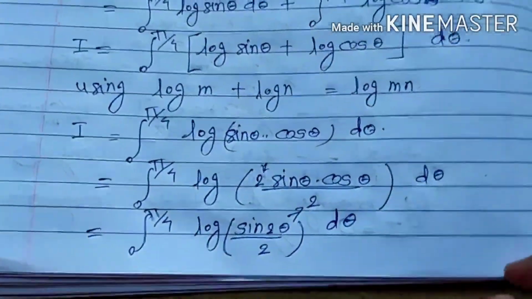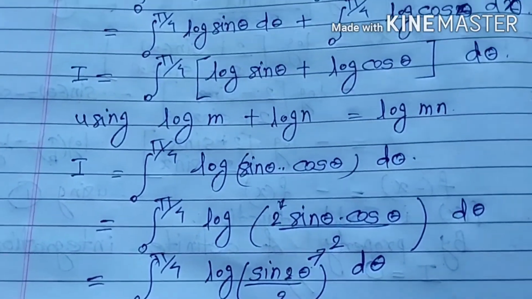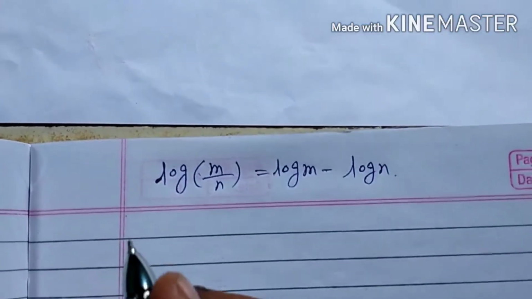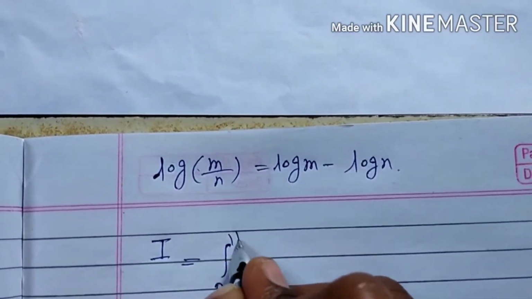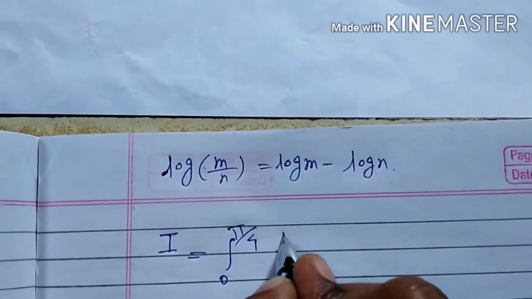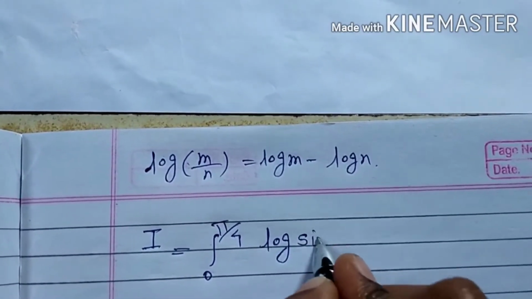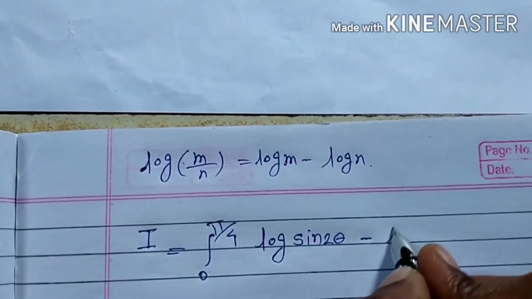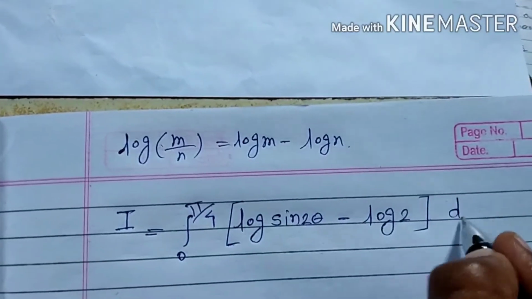Now we know the formula, log m upon n is log m minus log n. So using this, I is equal to integral from 0 to pi by 4 of log sin 2 theta minus log 2, d theta.